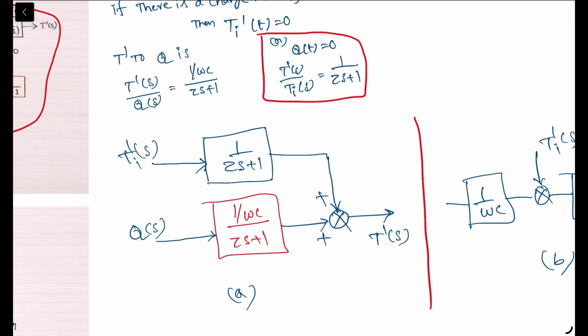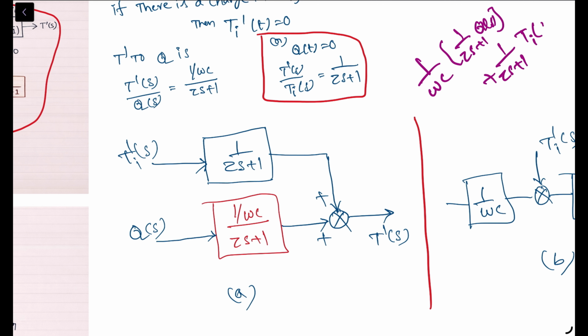T of S is equal to 1 by WC into 1 by tau S plus 1 into Q of S plus 1 by tau S plus 1 Ti of S. From the equation we can clearly see that two inputs affect the output temperature.